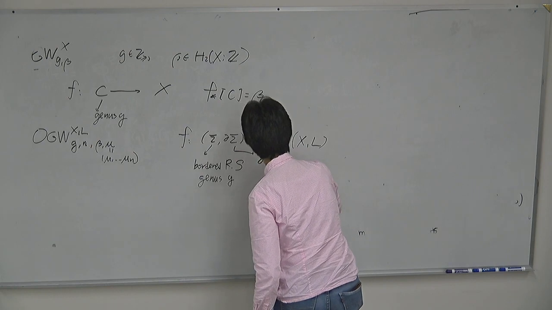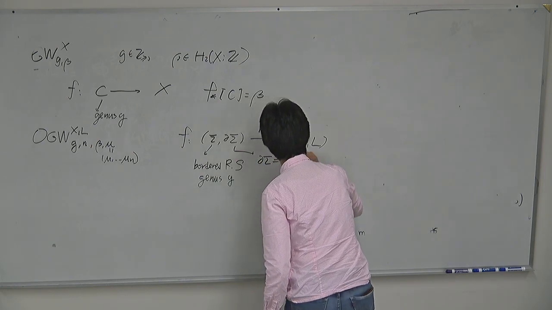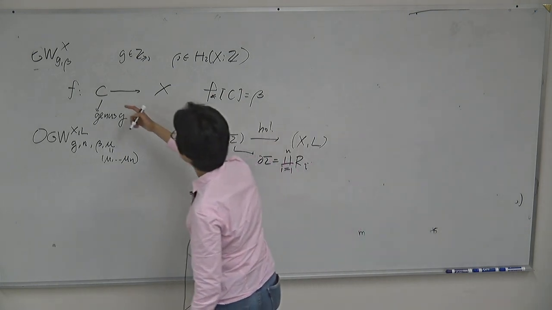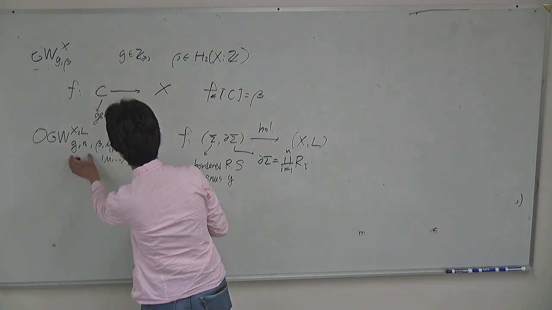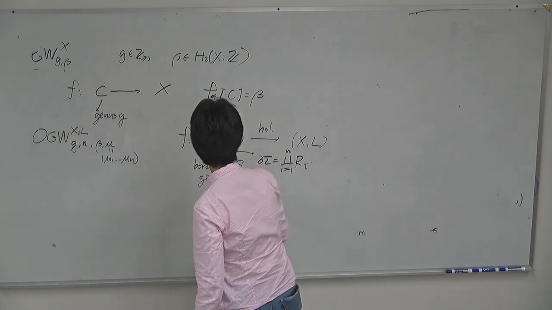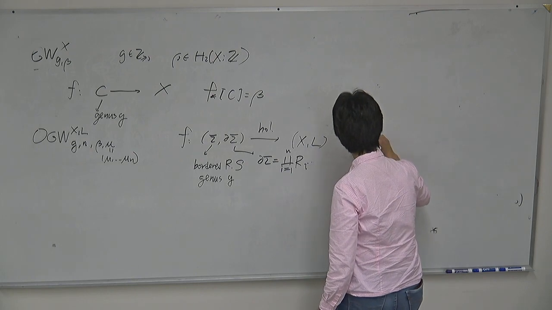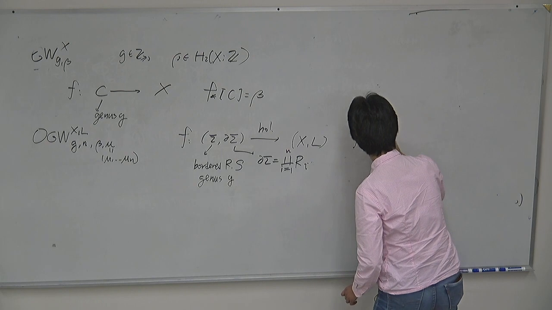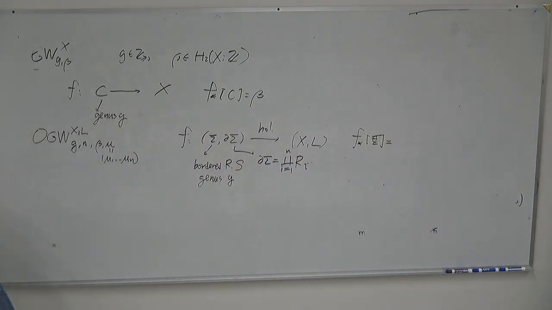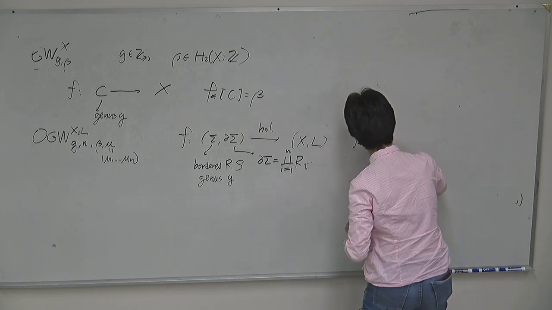So here the topological type of the domain is characterized by g and m. Then the topological type of this map: we push forward the fundamental class and we get a relative homology class.